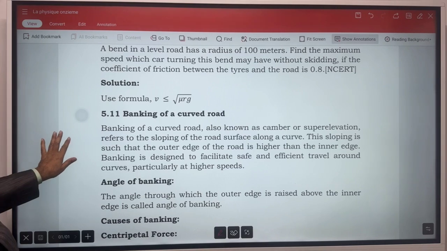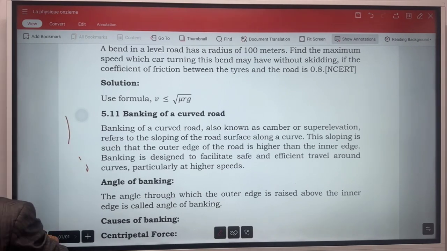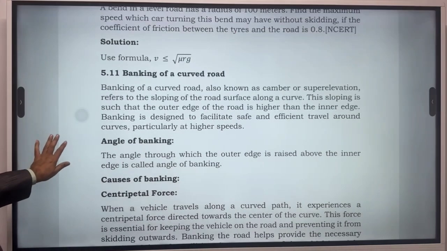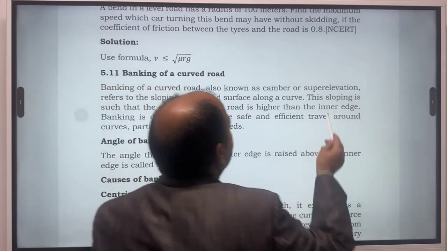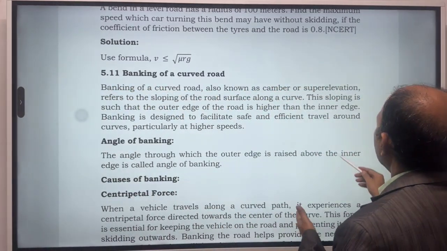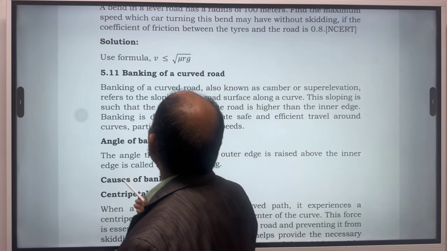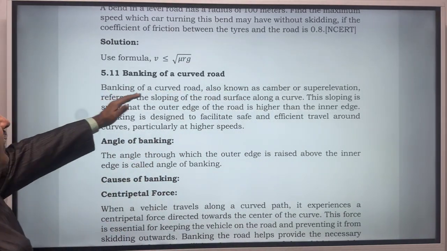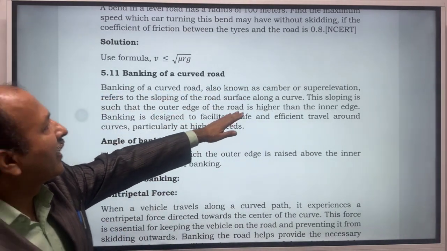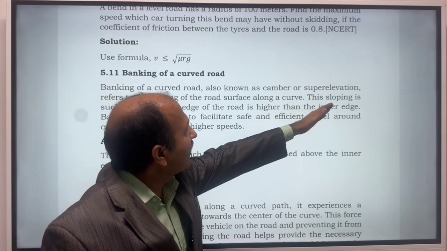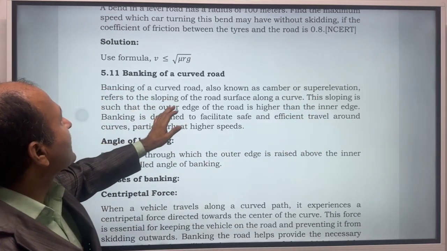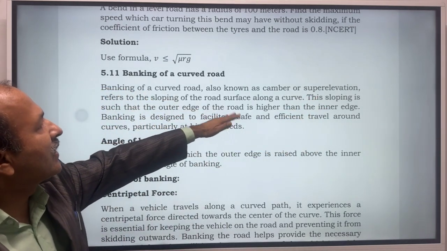Now, banking of curved road. What is that? Banking of a curved road means one side of the road is raised by a certain angle. So banking of a curved road, also known as camber or super elevation, refers to the sloping of the road surface along a curve.